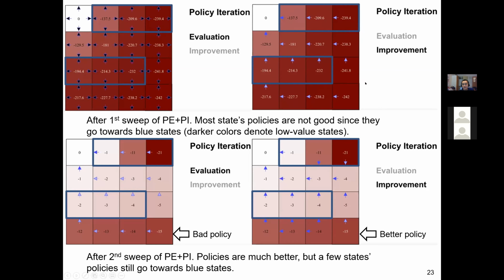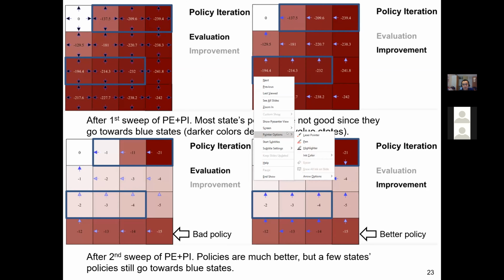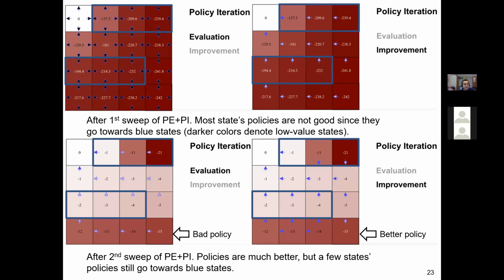And then you do a policy improvement based on the current evaluation of V_pi(s). You can derive new policies. So for example, at this point, north is a better choice than east or south or west, because -129 is the largest value among the neighbors.